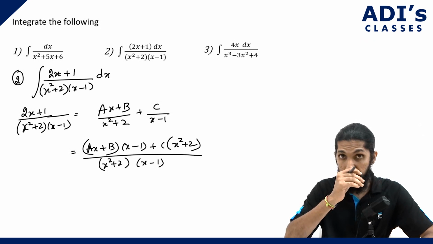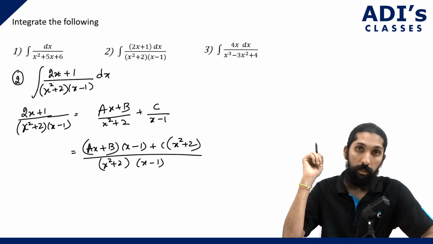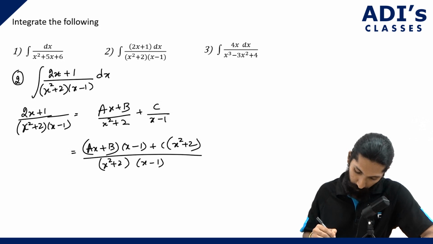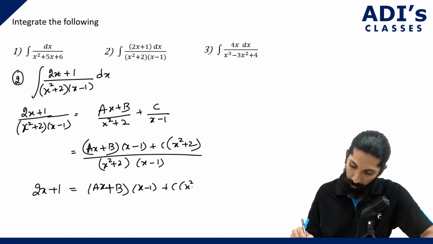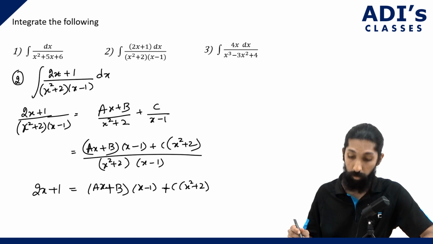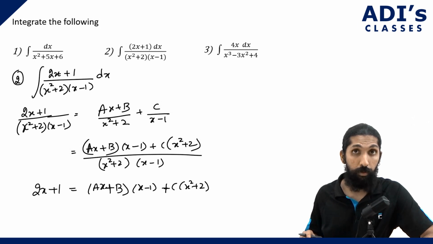Now the denominator is going to get cancelled on both the sides. So what do we get? We get 2x plus 1 is equal to ax plus b into x minus 1 plus c into x square plus 2. So this is the second step that we have completed.